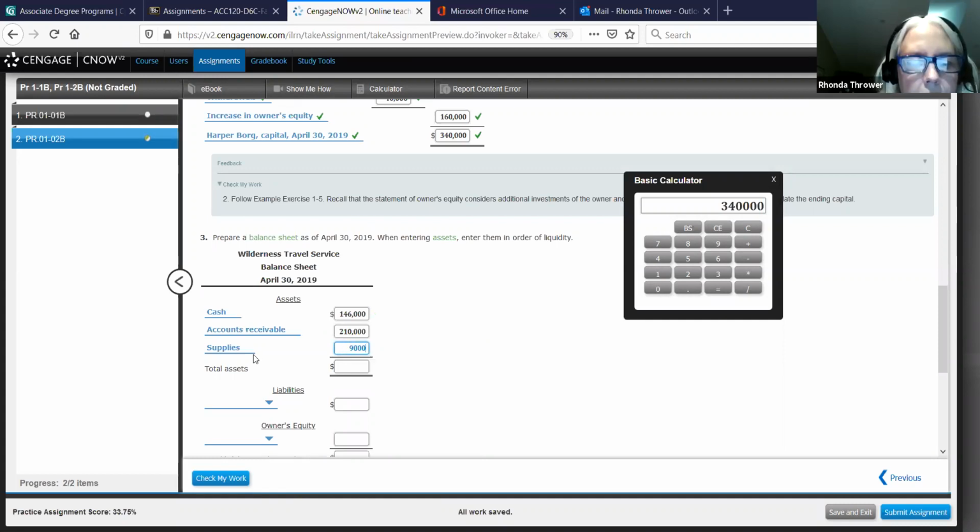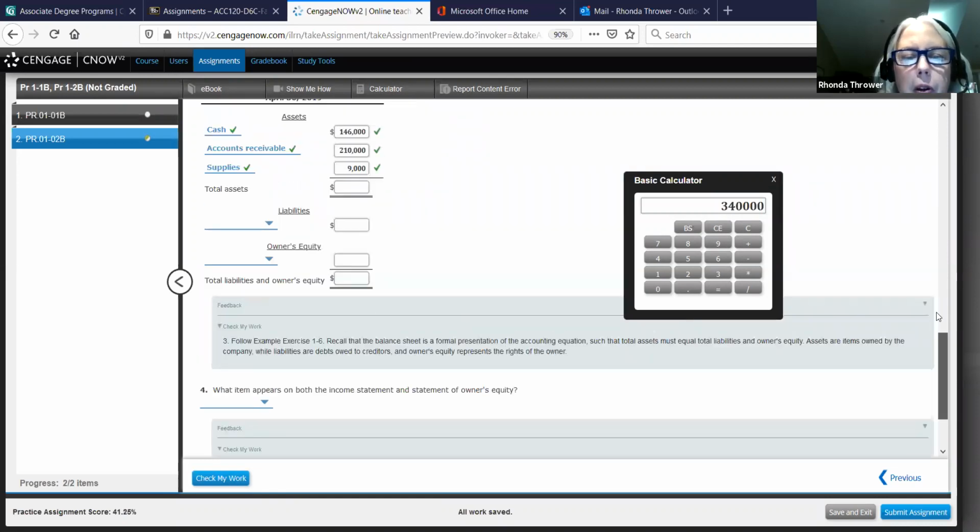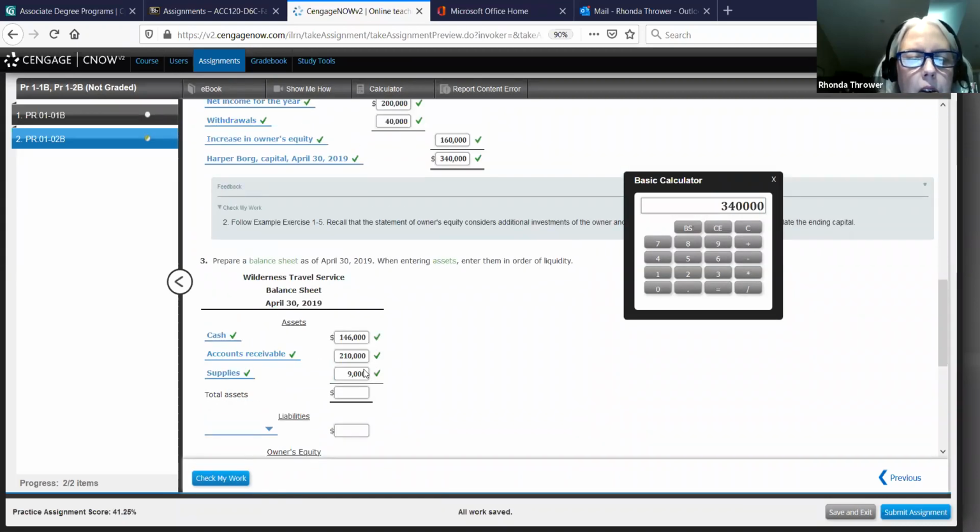Notice this is not supplies expense. Your expenses are accounted for on your income statement, which we've already done. This is the unused portion of the supplies that you have left over at the end of the period. It's a good idea to check your work just to make sure you've copied everything in correctly here. And then we're going to total our assets.